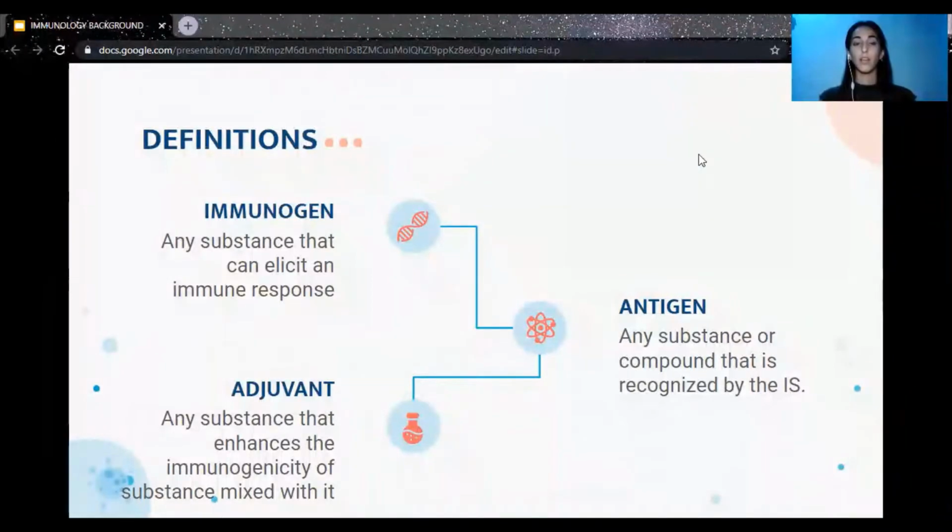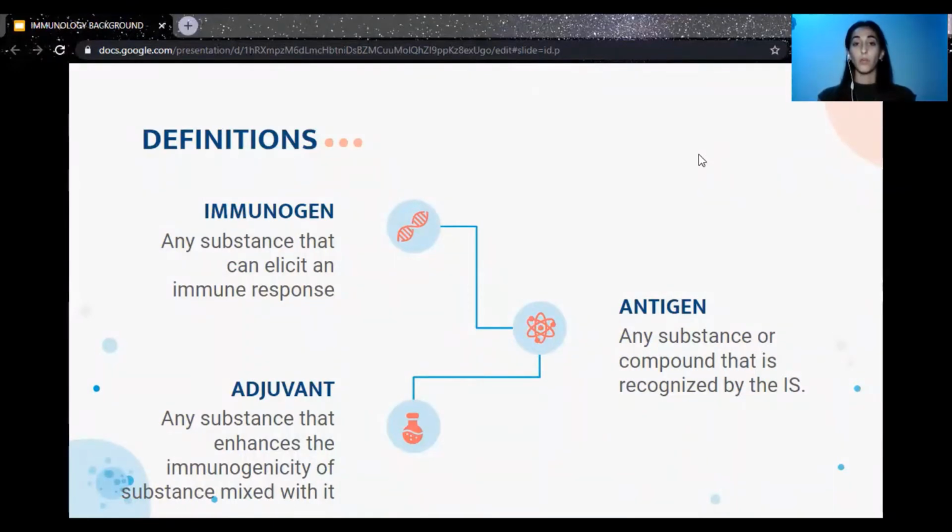Okay, so secondly, we are going to make some definitions. What do we call an immunogen? An immunogen is any substance that can elicit an immune response. So any substance that can elicit an immune response is going to be an immunogen, or is going to be immunogenic.